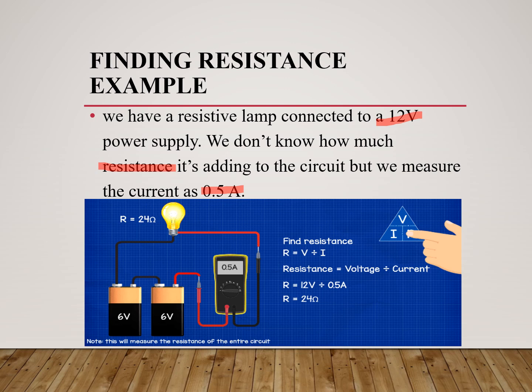The formula to find resistance is R is equal to V by I. Resistance is equal to voltage divided by current. The voltage is 12 and the current is 0.5 amps. 12 divided by 0.5, so the value of resistance is 24 ohms.